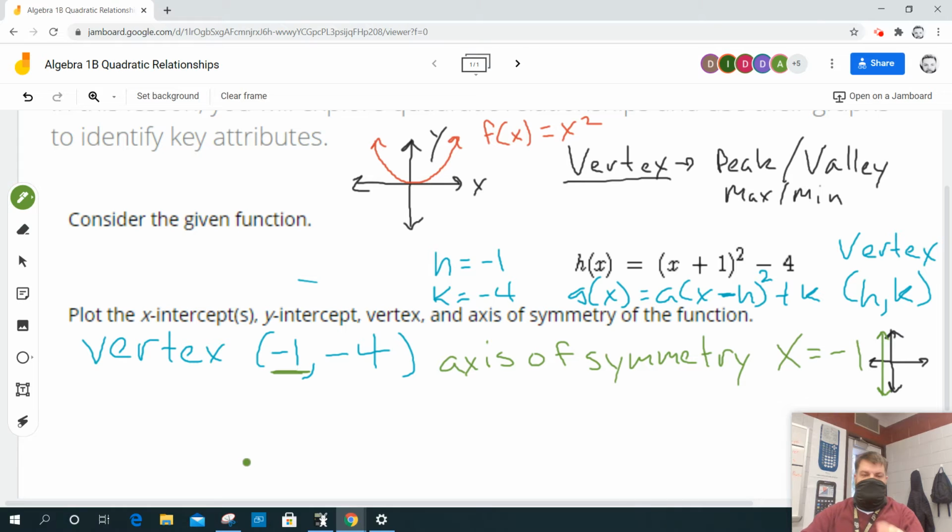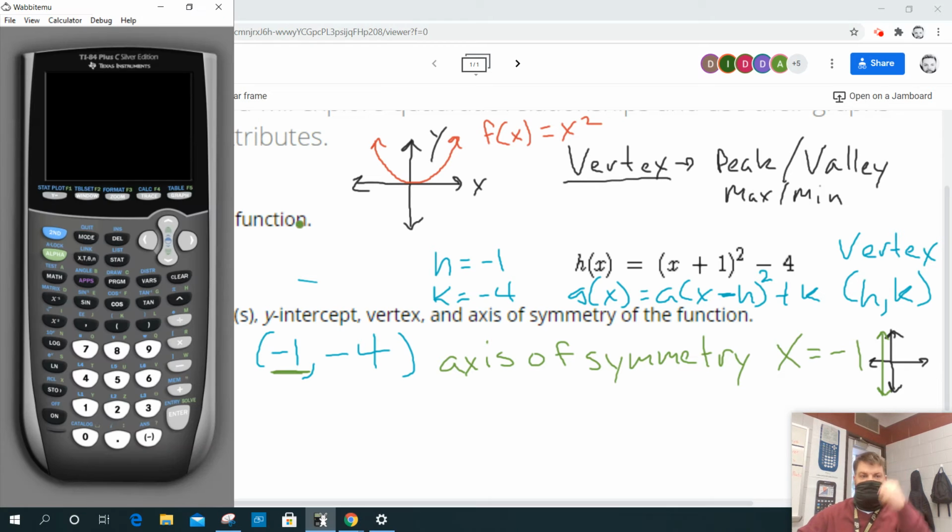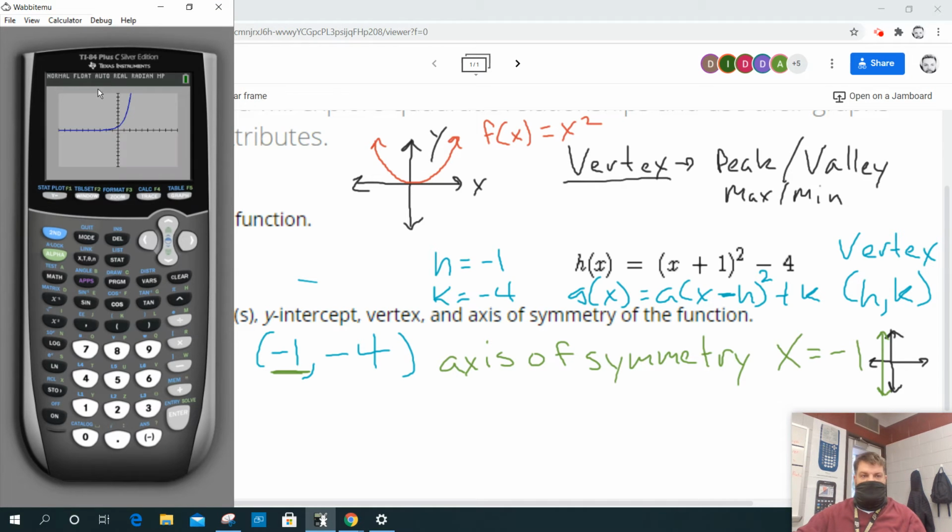So there's other things I could do to find the x and y axis, but I'm really just going to graph it. So I'm just going to come in here and I can graph it exactly how it's written. Y equals, start my parentheses, x plus 1, close parentheses, raise it to the 2, minus 4.